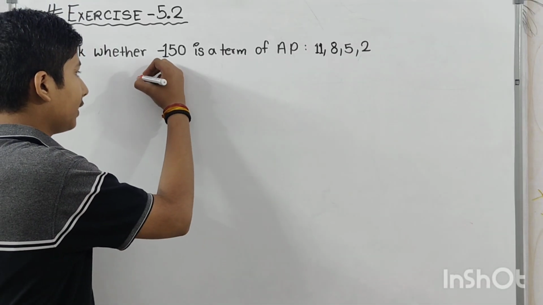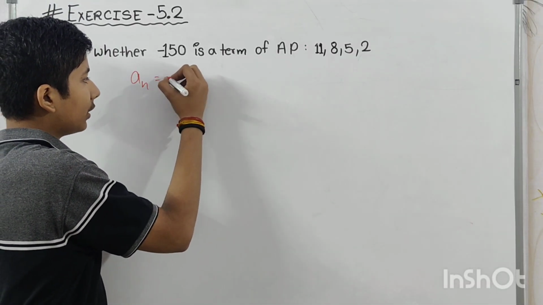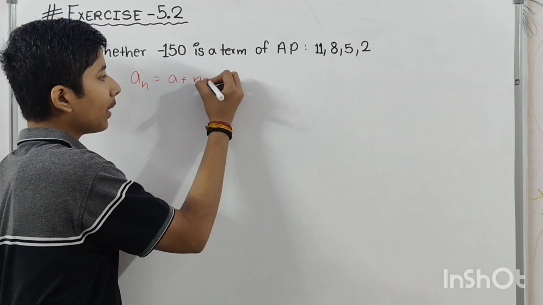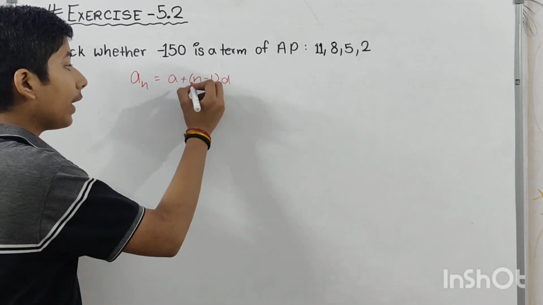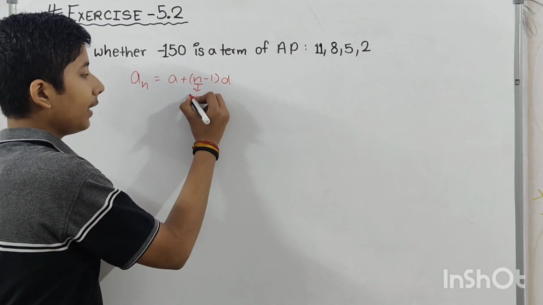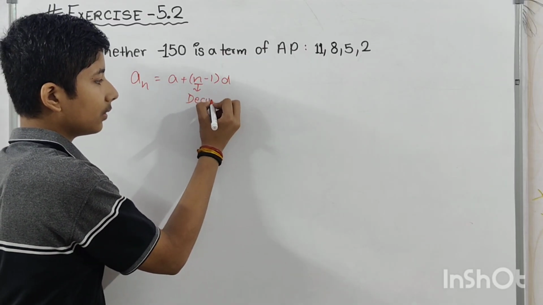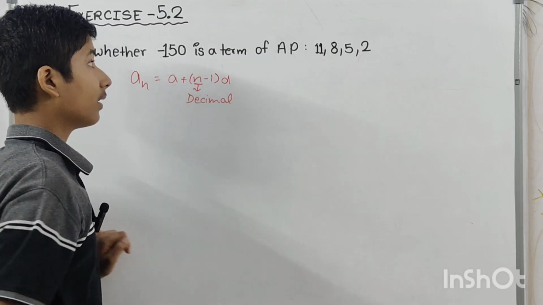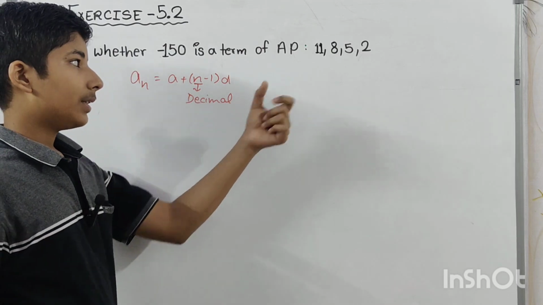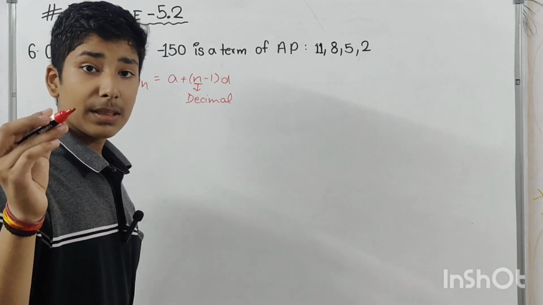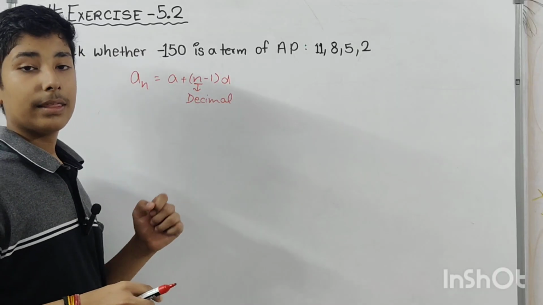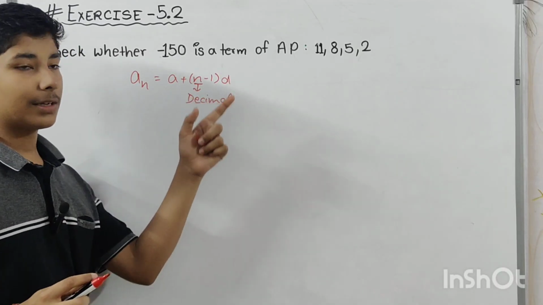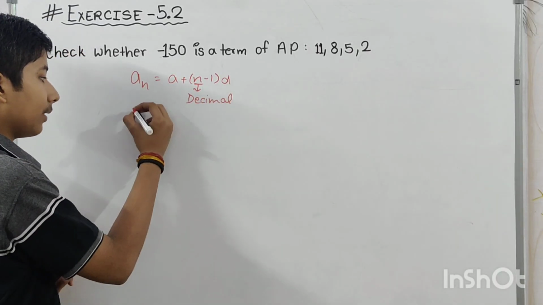You just put it in an equals A plus n minus 1 D. And if the value of n here comes in decimal, then it will not be a term in this AP. Otherwise, if it is coming in natural numbers, then you can say it is a term in this AP. So let's see.